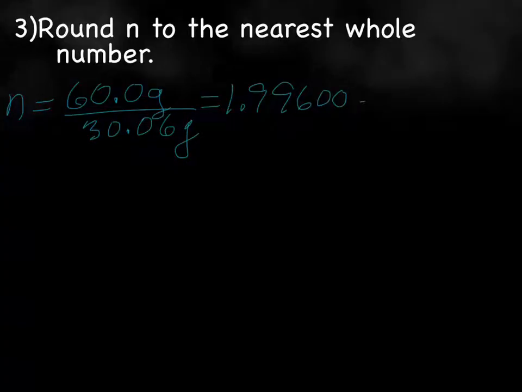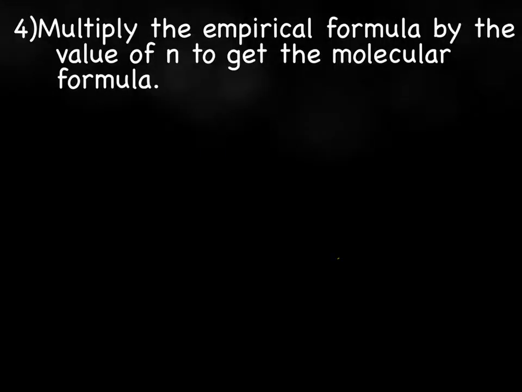Now we have our N. We're going to round N to the nearest whole number, which would be 2. Then we multiply the empirical formula by the value of N to get the molecular formula.